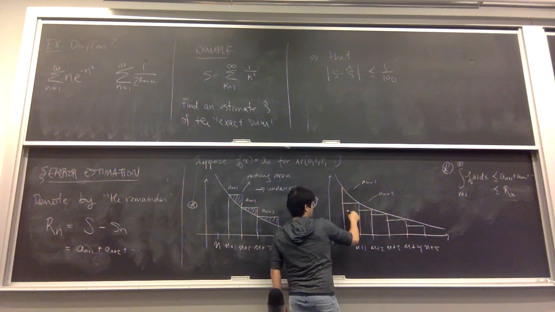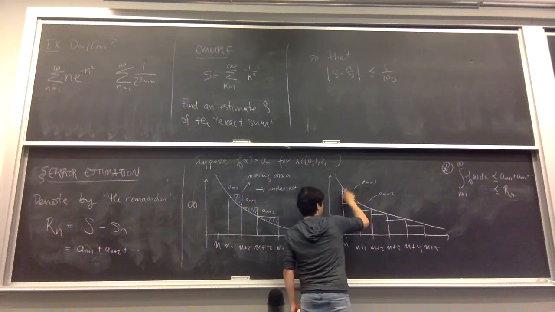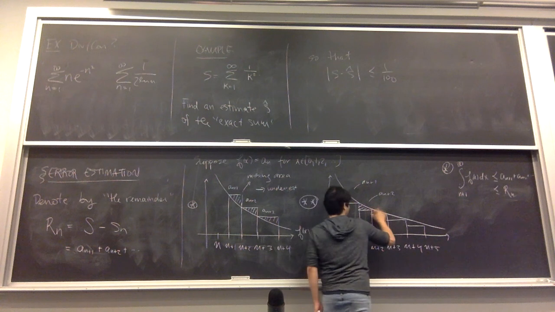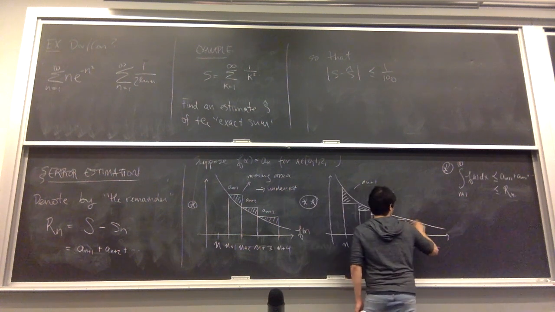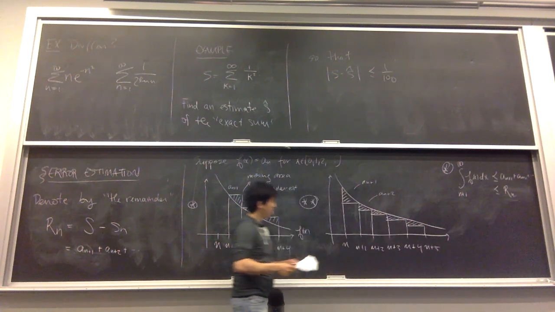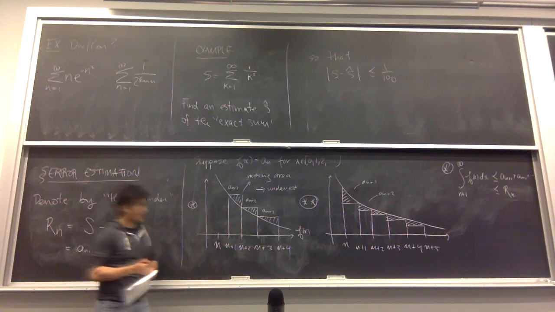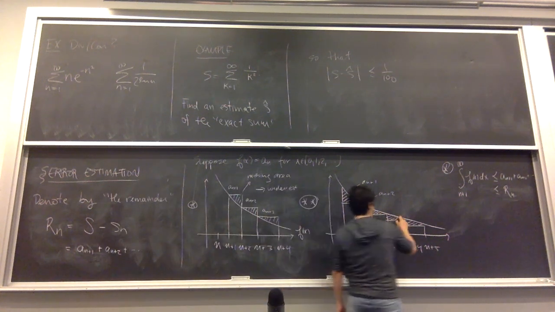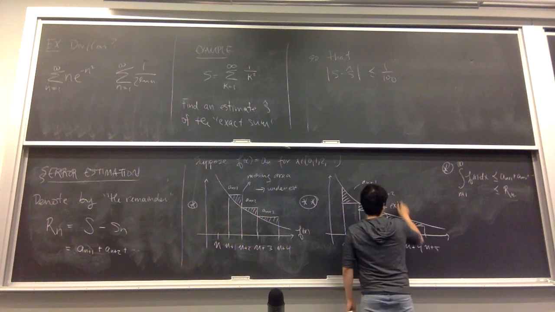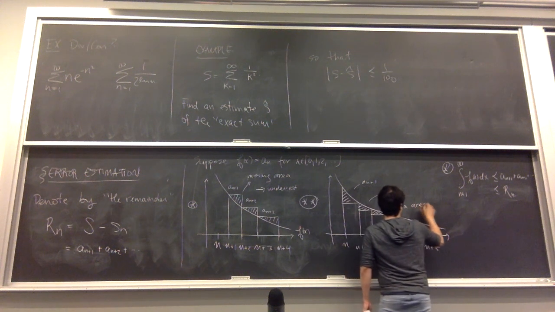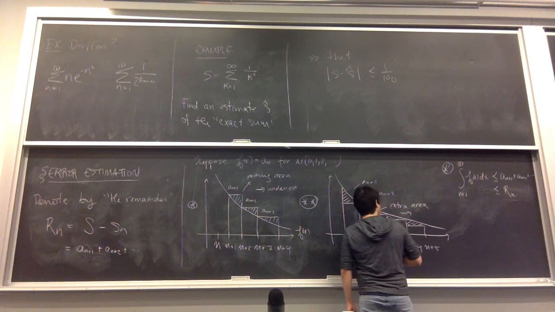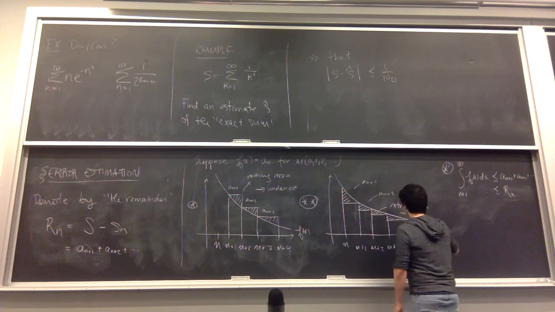The difference between that and the bar is this, extra area or missing area? Extra area. Okay, so this is extra area, which means that this is an overestimate.